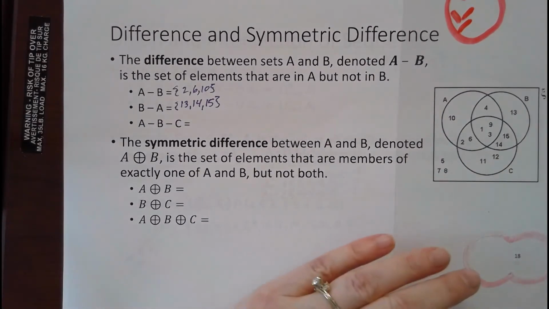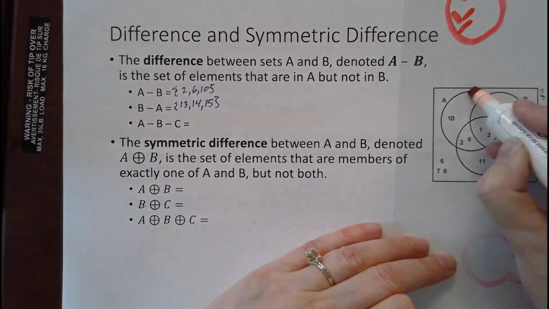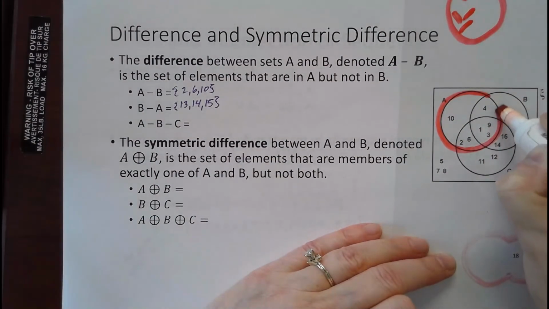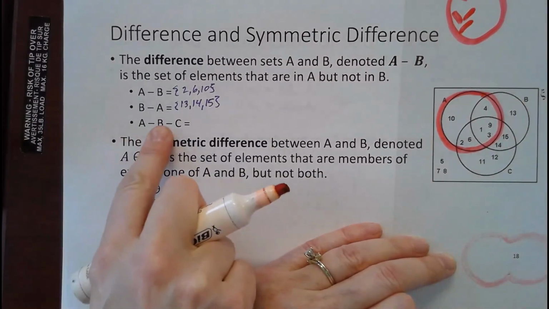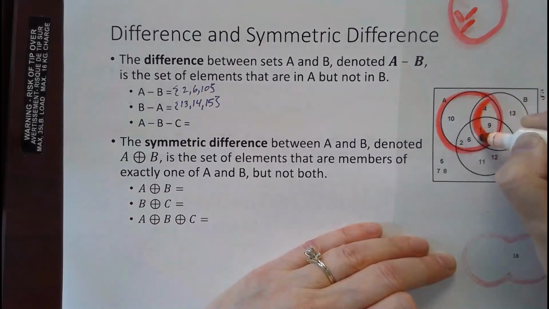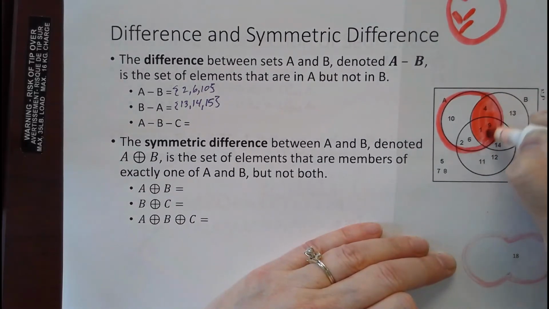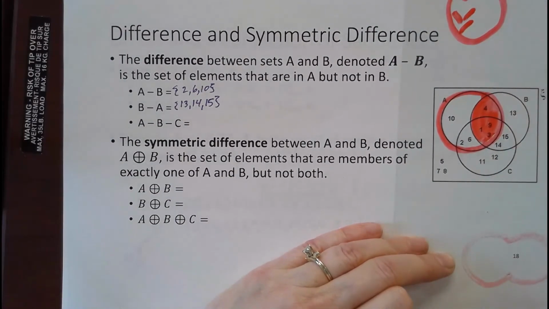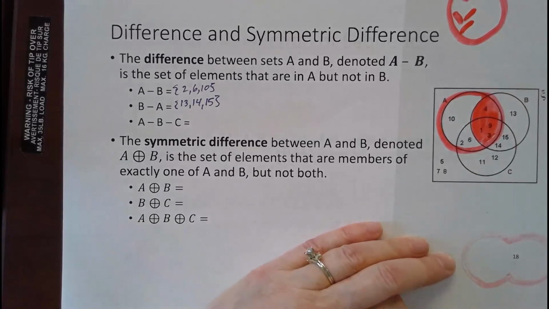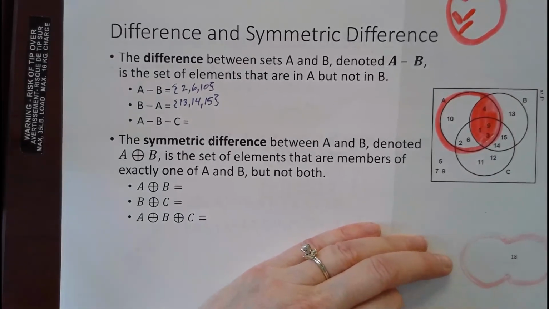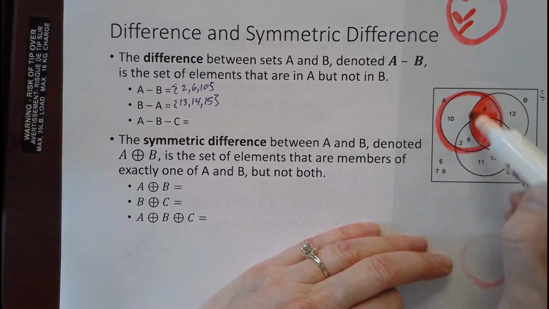Okay. We might need 2 colors. Here's A. I'm going to subtract out B, so I'm going to get rid of this stuff. And here's what I'm left with, my little crescent moon shape.